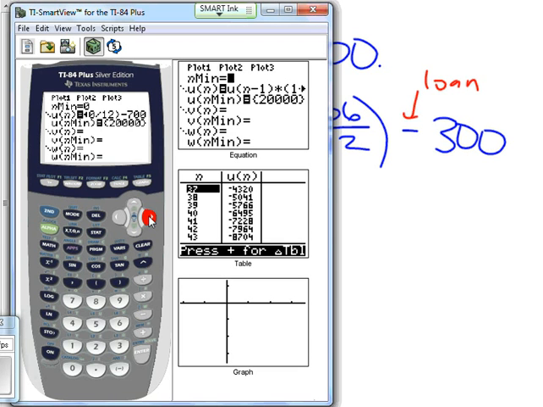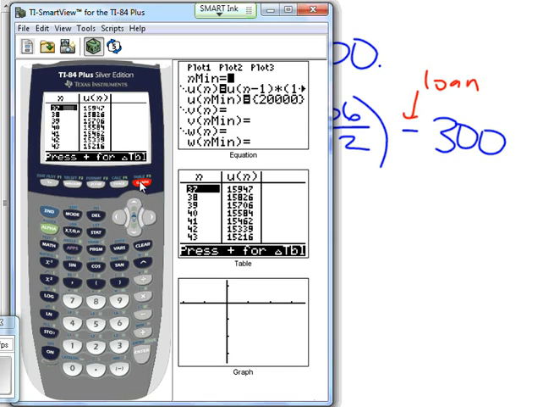How much a month to pay it off in 5 years? Just pick a number. Okay, so let's try. Don't try 300, we tried that before, but that was when it was quarterly. So try 200. You just give it a shot, and you go to your table and you see how long it's taking to pay that thing off. Well, this is in months now. How long is 5 years in months? 60.